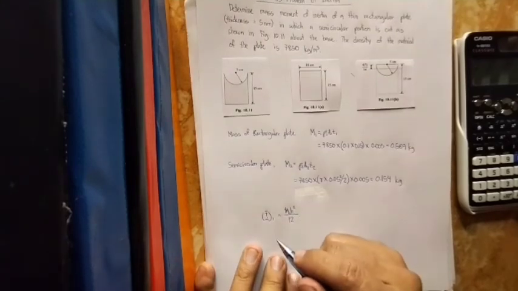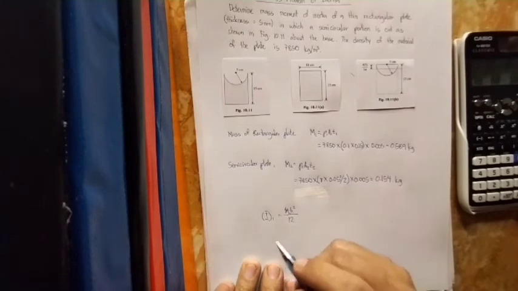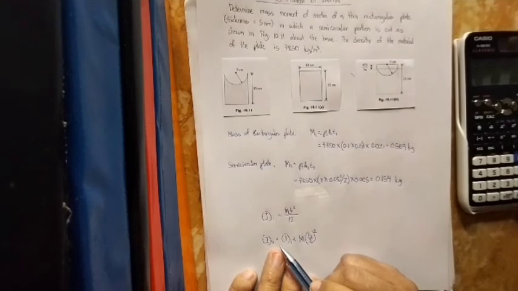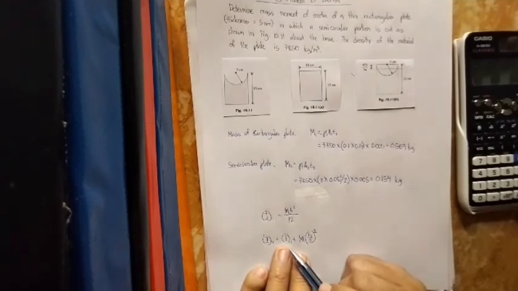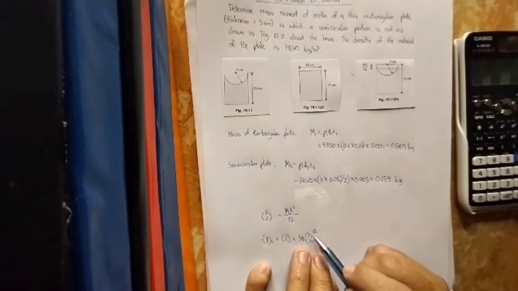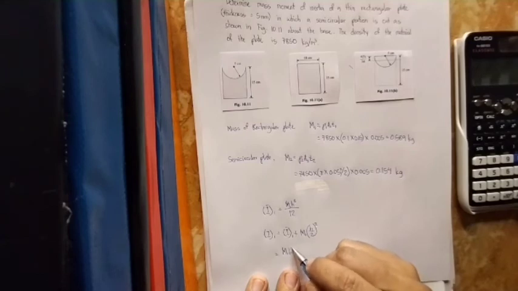Therefore, ang mass moment of inertia of the plate about its base is mass moment of inertia 1 plus mass 1 times h over 2 squared, which is M1 times h squared over 3.